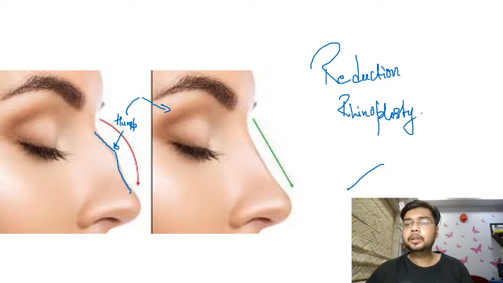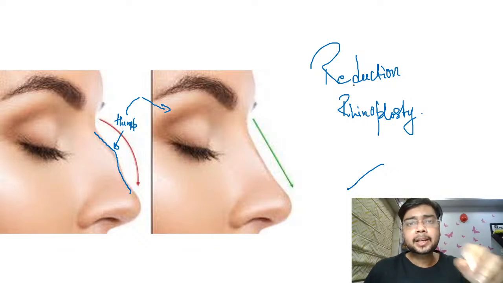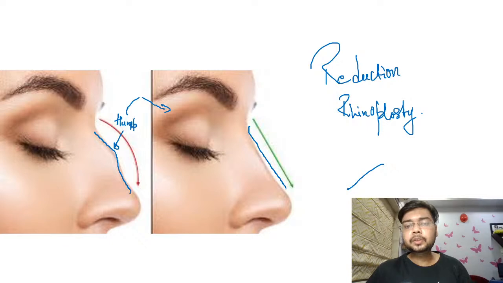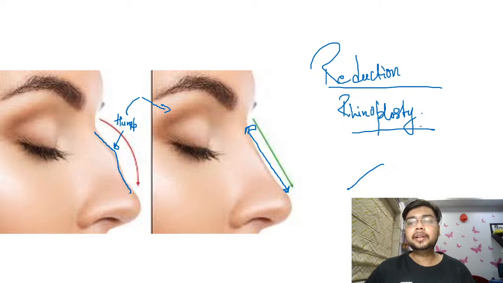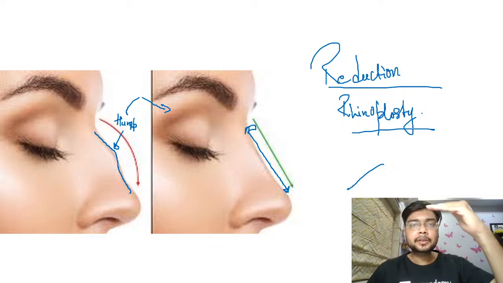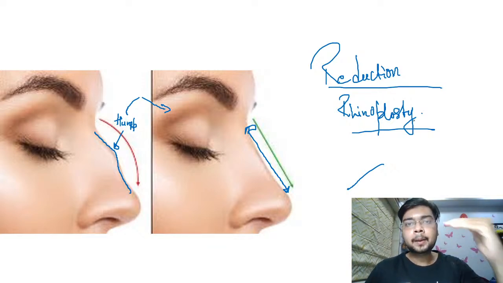So depending upon where the hump is located, mostly it is located in the bony part of the nose, and what we do is with some instrument we grind or remove that hump and make the cosmesis beautiful. It comes under both ENT as well as plastic surgery, because the results are more cosmetic in nature. So the procedure that we do is called reduction rhinoplasty, where we are reducing the hump.